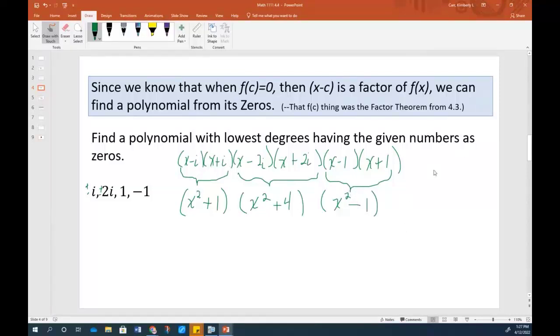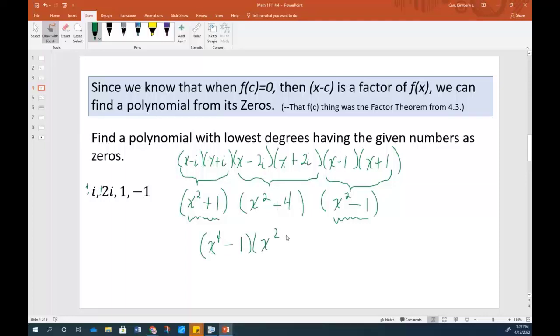So now I have those 3 to multiply. You can do it in any order you want to. But if you look at this one, and then you look at this one, again, I can use that pattern because they're exactly the same except for the middle sign. So those give me the first thing squared minus the second thing squared.